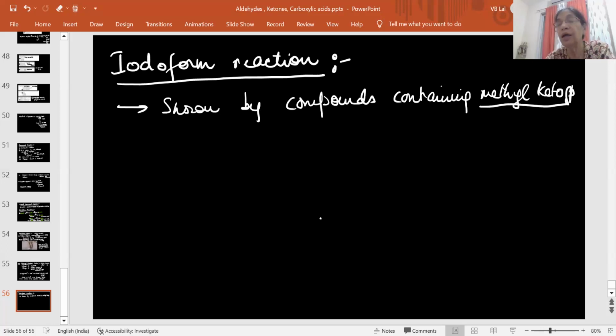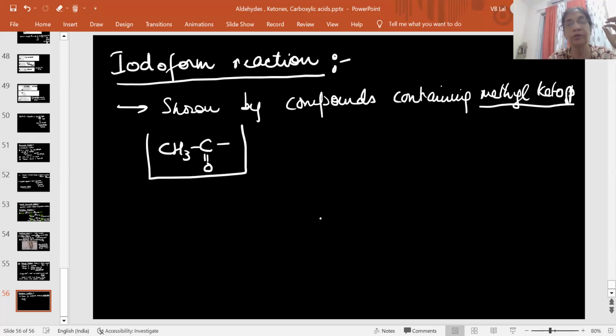What is a methyl keto group? Methyl keto group is the CH3C=O group. This should be present, and not only that, it should be a part of an aldehyde or a ketone. That is important.